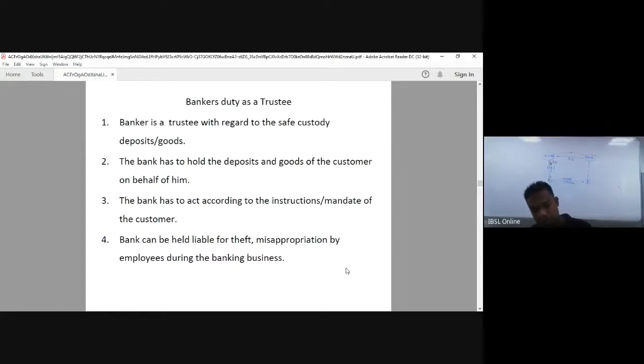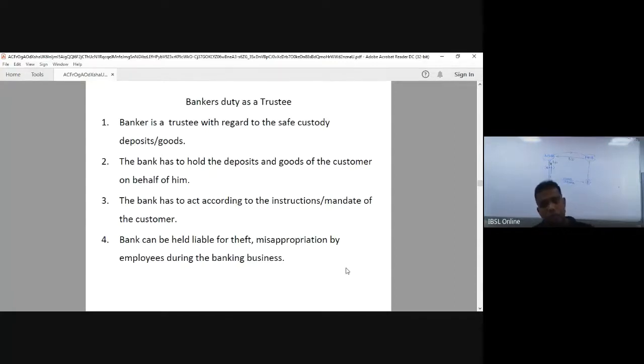So we say the customer came and deposited, kept his valuables in the safe custody. The bank staff misappropriated the goods, and someone opened the safety locker and took the valuable jewelries of the customer. So that's a misappropriation, or it's a theft.